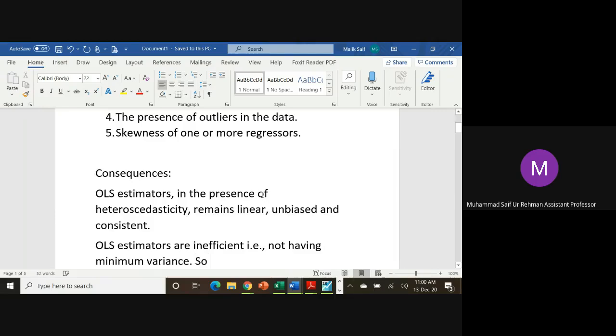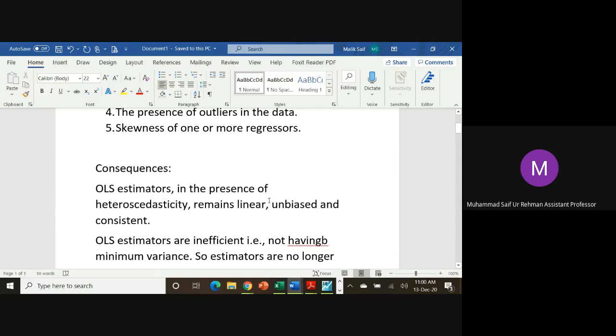So the estimators do not remain BLUE, and they must remain BLUE if you are interested in making decisions on the basis of the regression model that you estimate using the OLS method.